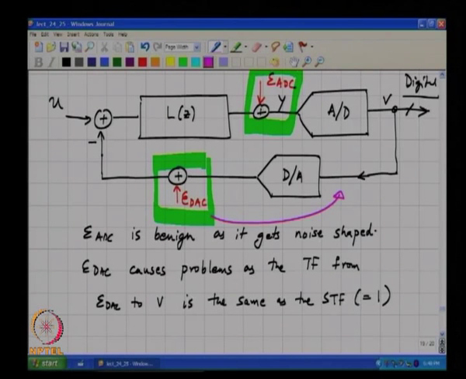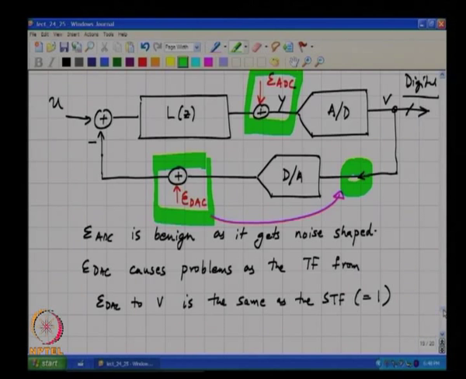the input sequence. Okay. So, what is this sequence nominally? What is the signal there? It is input plus shaped noise, right.